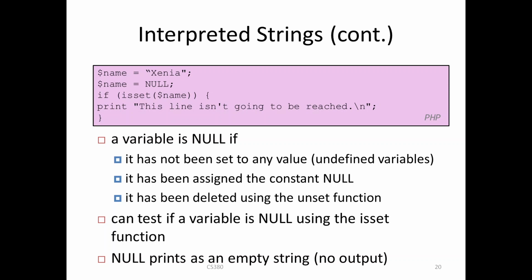Okay, because we cannot declare the variables before, it's kind of difficult to figure out if a variable has been assigned or not. So by default, all the variables, the ones that are not even written, are set to null. PHP doesn't distinguish if the variable is declared or not.